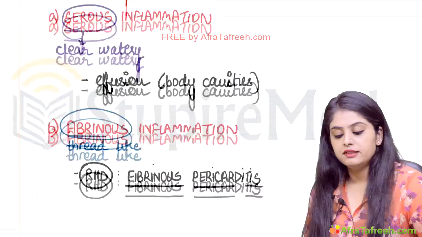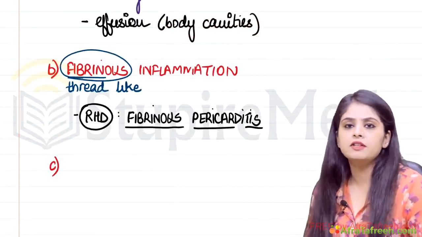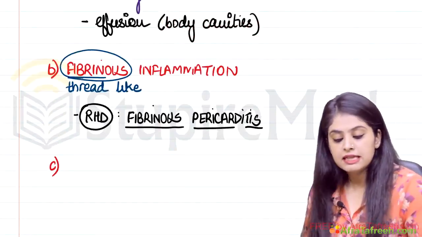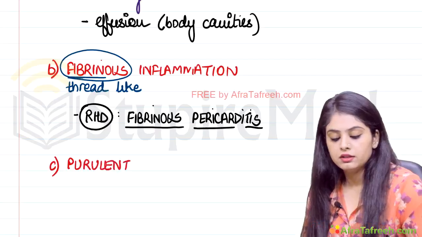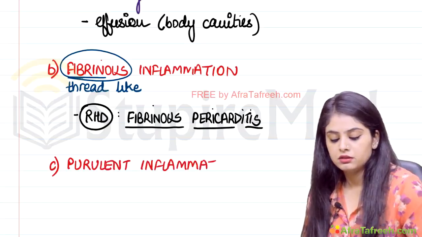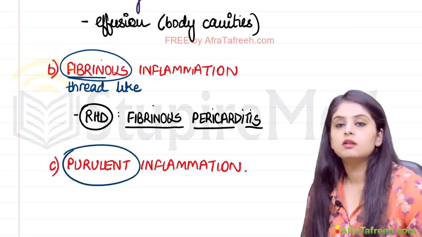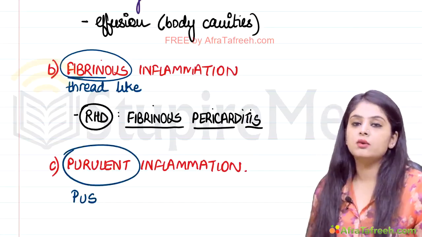Moving on to the third example. Now, the third example is a very common example that everyone has seen and as well as experienced, and that is purulent inflammation. What do you mean by this term purulent? Purulent is nothing but pus. So this now simplifies it.